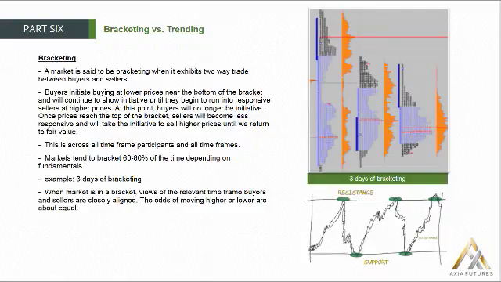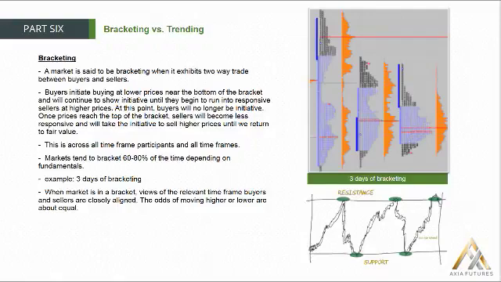It's when a market starts to trade between two pivots, respects those pivots and keeps bouncing between them. Buyers initiate buying at lower prices near the bottom of the bracket and will continue to show initiative until they begin to run into responsive sellers at higher prices. At this point, buyers will no longer be initiative.